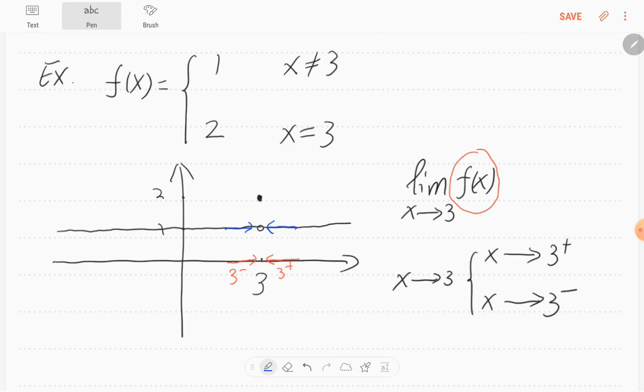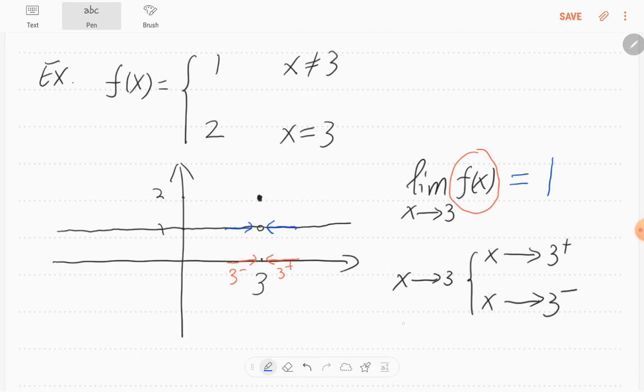So for the limit of this function f when x approaches 3, we care about the tendency of these two blue arrows, not red arrows. Okay, so these two blue arrows will point to this hollow circle, and this hollow circle has the f value, which is what? Which is 1. So the limit is 1.